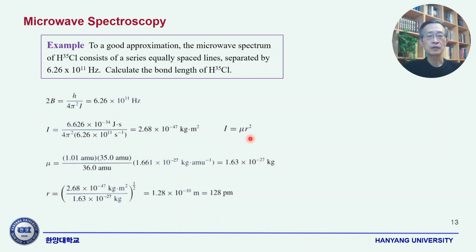Then your r value is the square root of this divided by the reduced mass, and that is 1.28 times 10 to the negative 10th power meters, which is 1.28 angstrom, or 128 picometers.